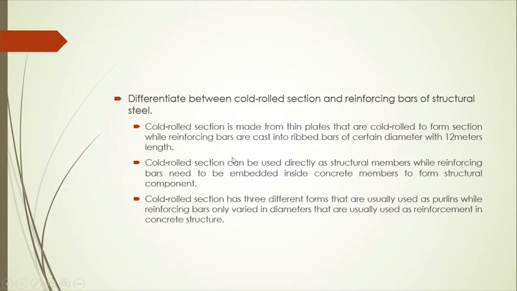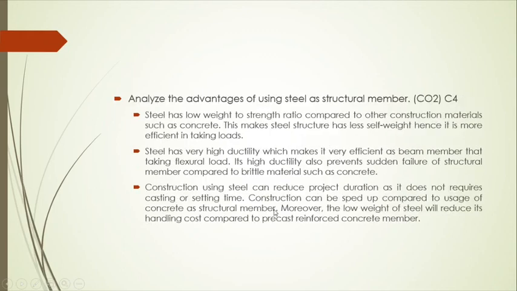So that's the difference in how they are made. Next is how they can be used. Cold rolled section can be used directly, but reinforcing bars need to be embedded into concrete. Also, cold rolled section has three different forms which differ in the shape of the section, but reinforcing bars are basically circular sections with varied diameters.